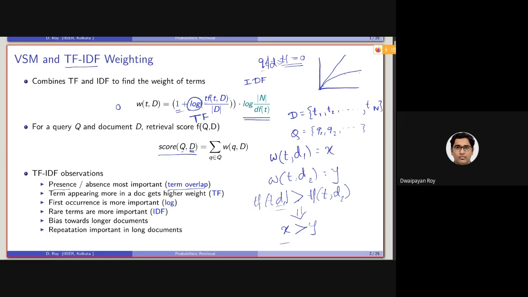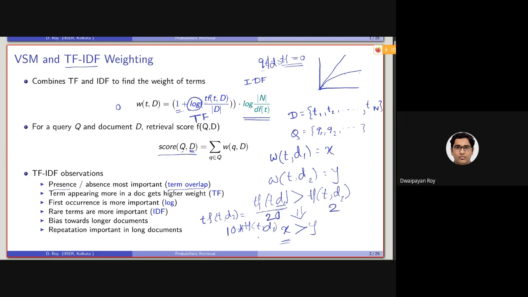But note that, let's say it is 2 in one document and 20 in the other. Then the term frequency is 10 times larger in the second document. So I can say the term frequency of T comma D2 is equal to 10 times the term frequency of the same term in document D1.